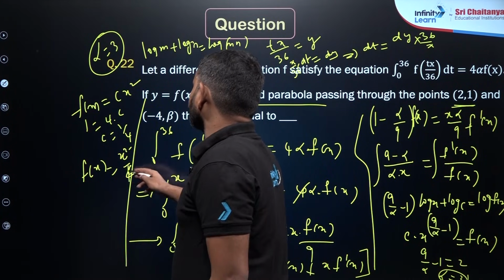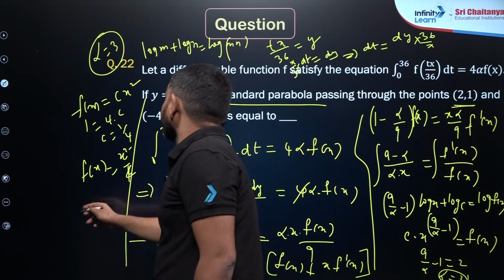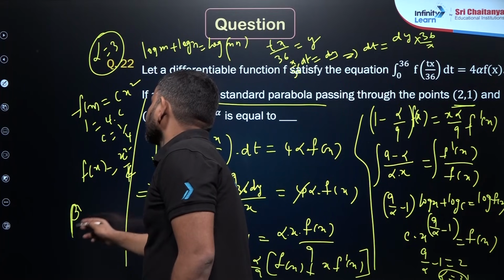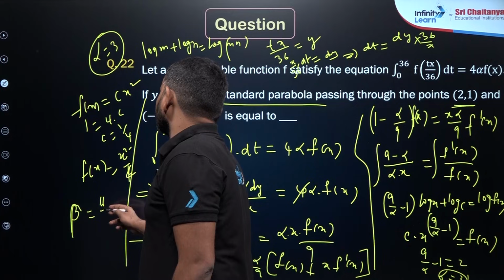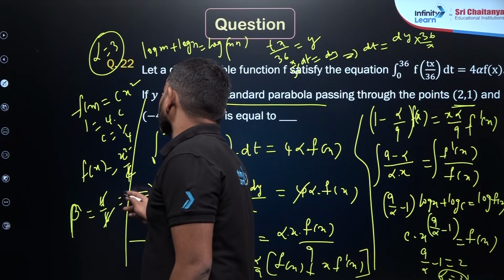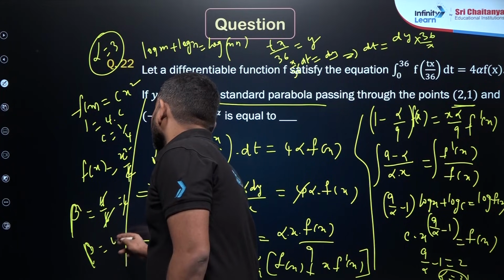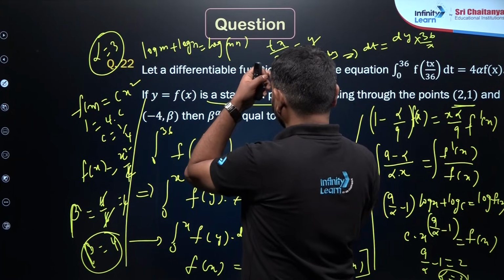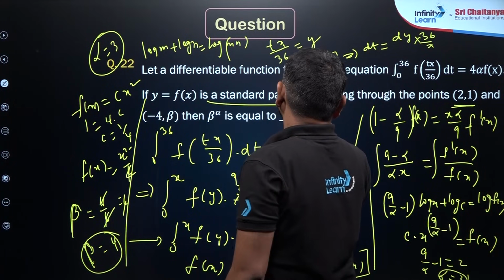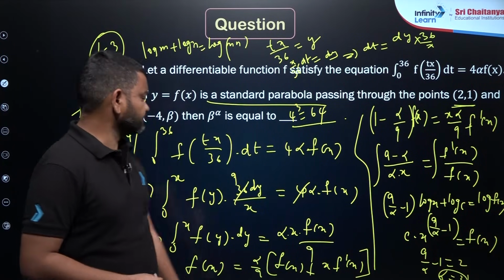If it is x square divided by 4, then find the value of beta, which is minus 4 whole square is 16, 16 by 4, this is going to give you 4. So beta is 4, alpha value is 3. You need to find out beta power alpha, so 4 power 3, which is equals to 64 is what you are going to get here.